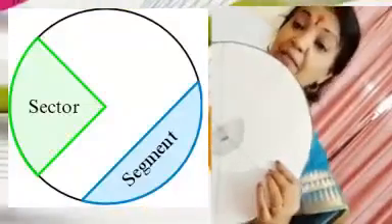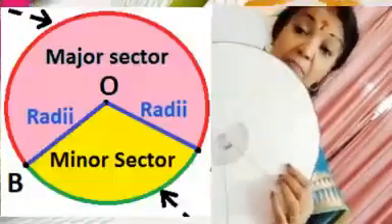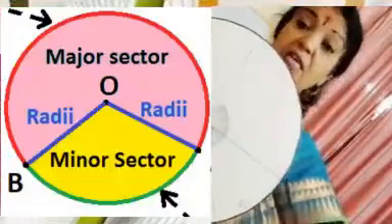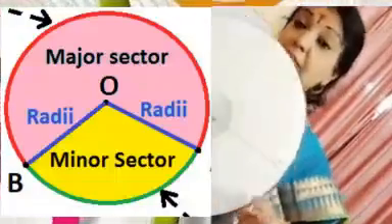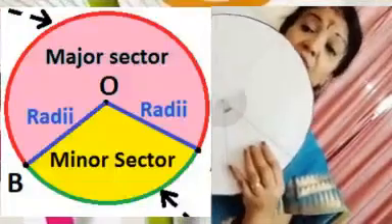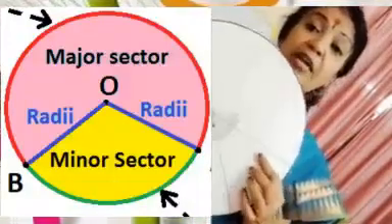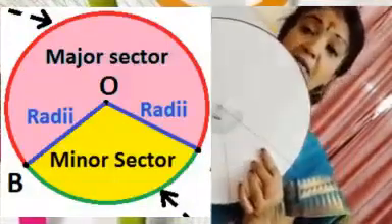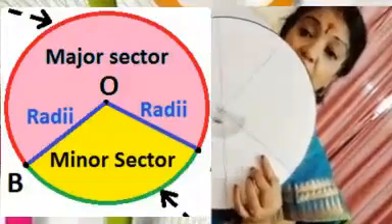You know this is a major circle, with a major sector and a minor sector. And what is a sector? A sector is the region enclosed by the 2 radii and the corresponding arc.